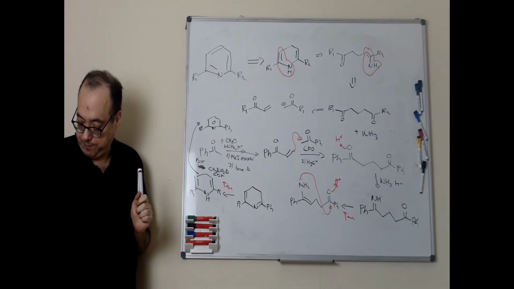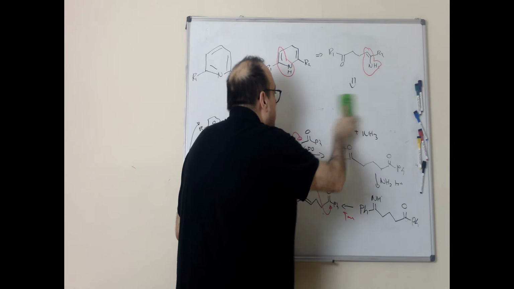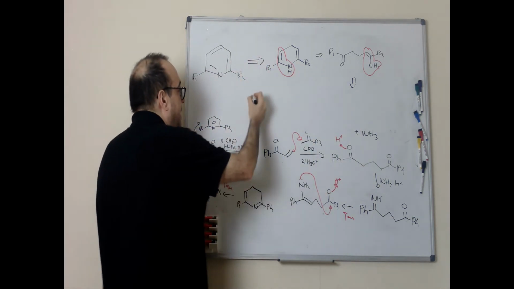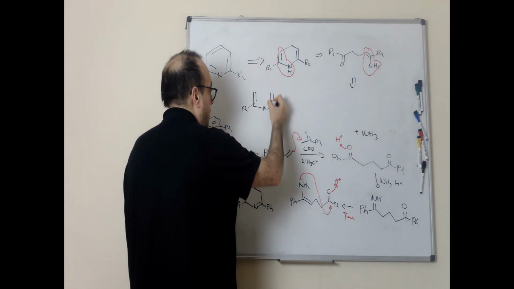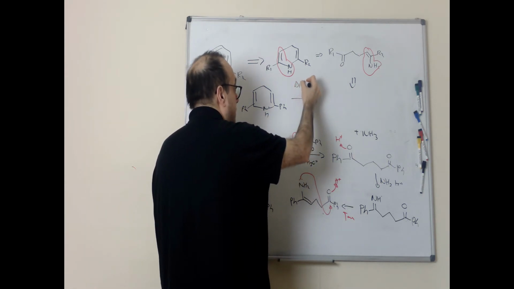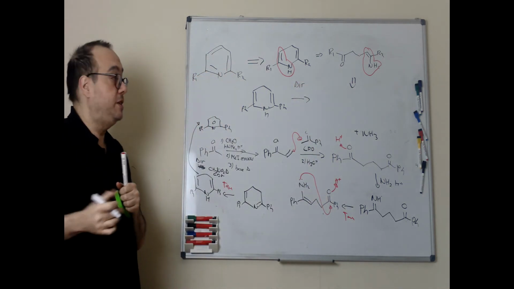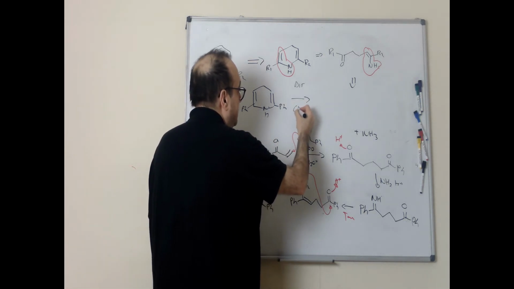I will write it better. To transform a dihydropyridine to the pyridine, I can use air. Air is an oxidant, basically we are using the oxygen of the air. Or also CAN.